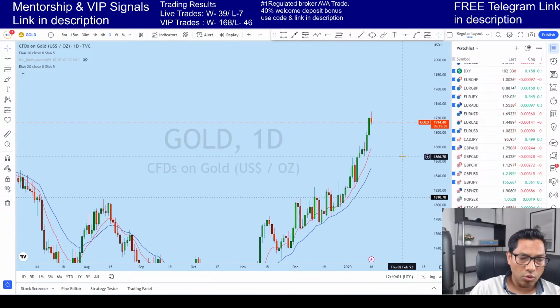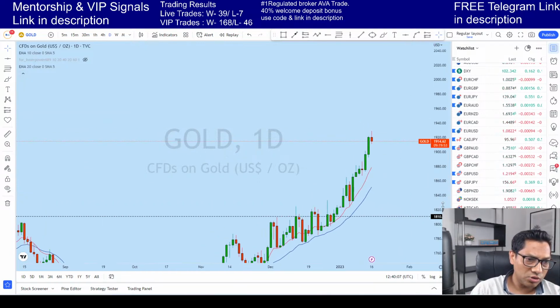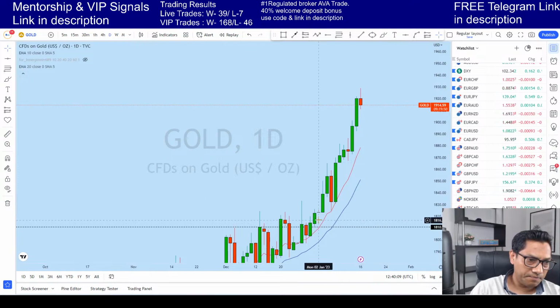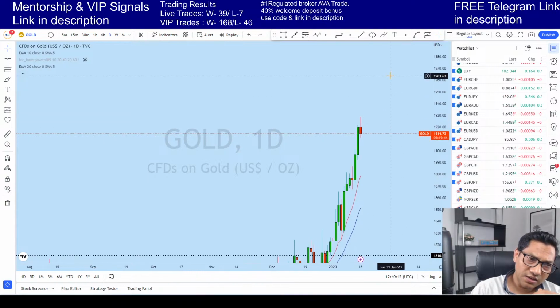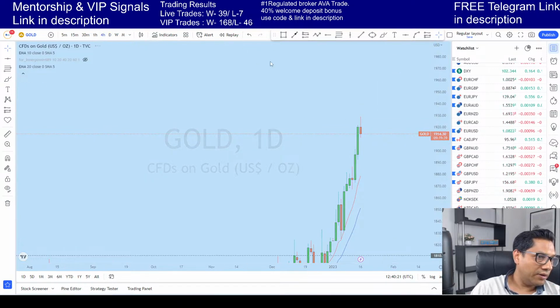So what we are doing is finding out the probable scenario. On the daily, if you look at this one, it is still a bullish market structure, and still a high probability for the price to continue to go. Now let's go to a lower time frame.